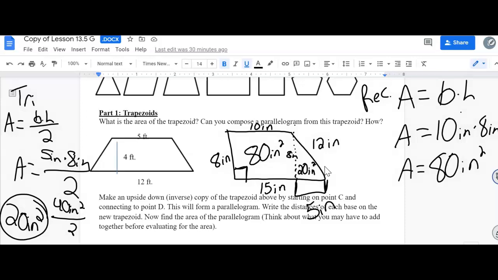All right, what do you think the area of the whole trapezoid is? Macy? 100? Perfect, 100 inches squared. We have to take the area of the rectangle plus the area of the triangle and add them up, combine them.